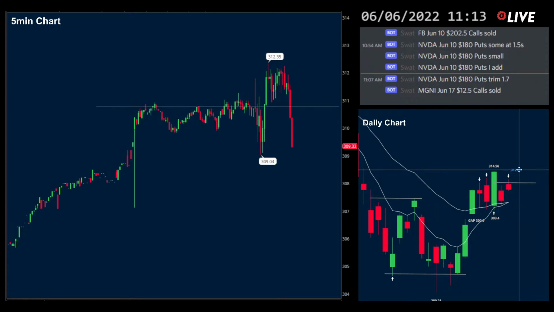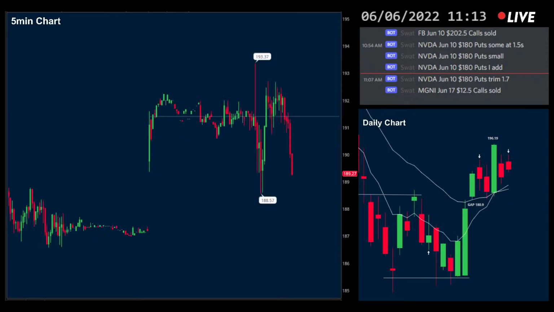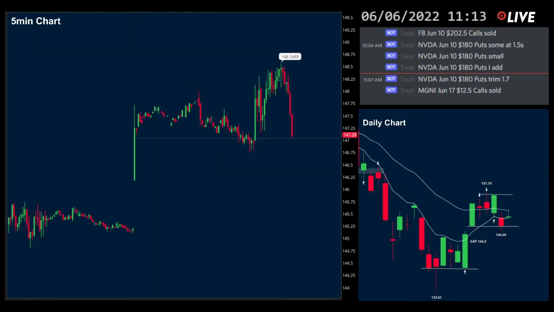312 on the cubes versus 314. So the cubes have a gap to fill at 300. The gap on Apple fills at 144.3.